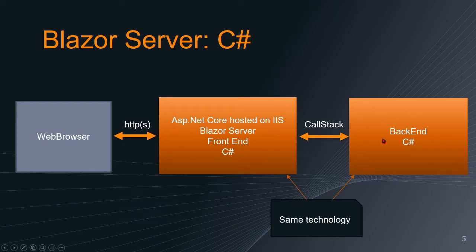Then you can have a back end written in ASP.NET Core with a controller, with an API, for example. In this case, you have a back end in C#, the front end in JavaScript, and you have another HTTP channel here. So by having Blazor written in C#, you can see the added value of having the same language and technology in the different layers.